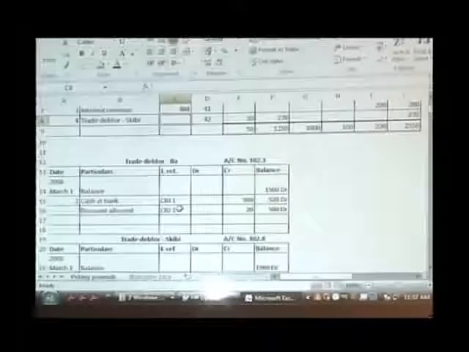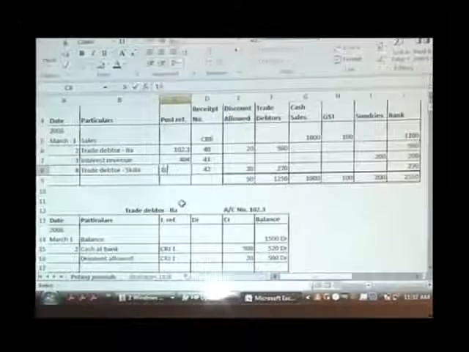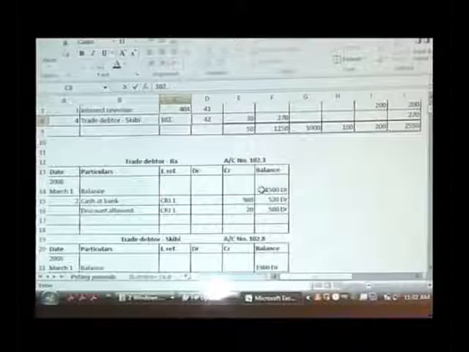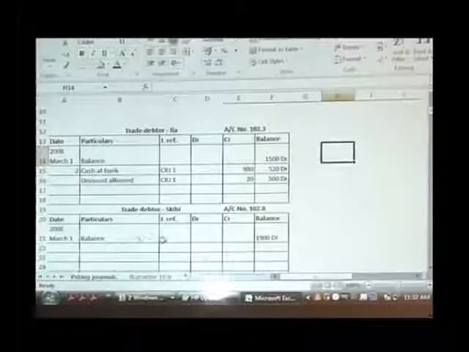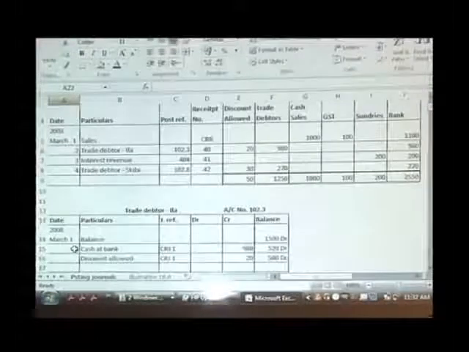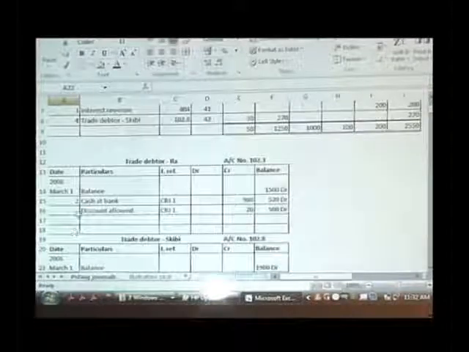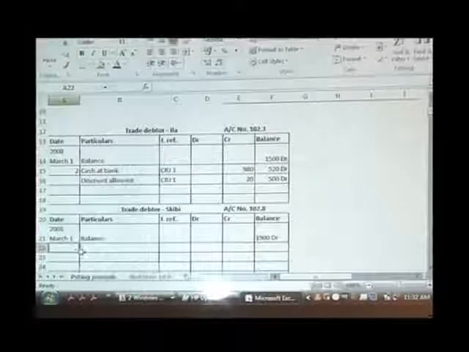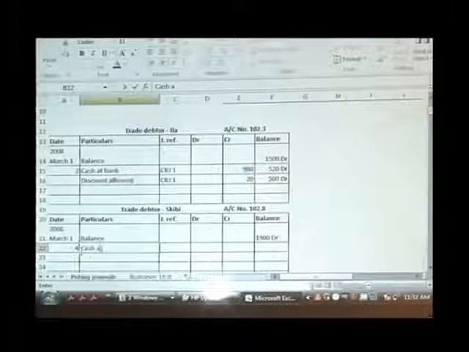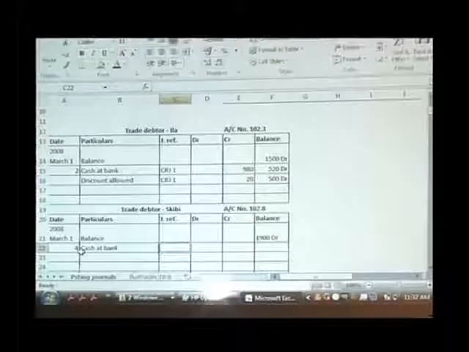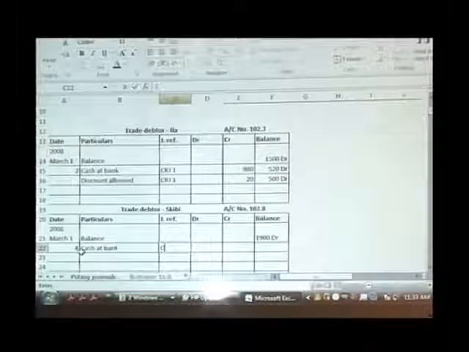Skibi, account number 102.8, and post that amount on 4th March, date 4, cash at bank, journal reference CRJ, page number 1.